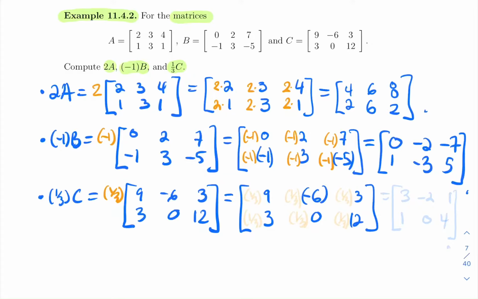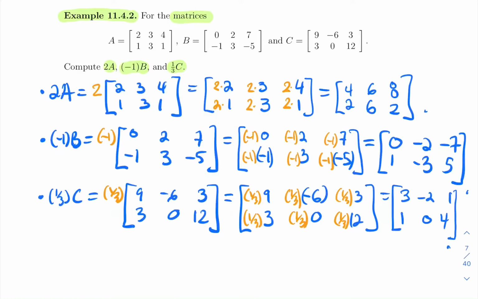And then every single entry is multiplied by 1/3. Again, you're just doing it. You don't need to write as much detail unless I specify it. So if you divide by 3, you're going to get 3 minus 2, 1, and then 1, 0, and 4.